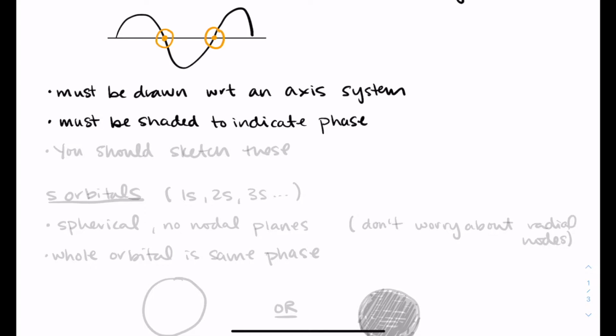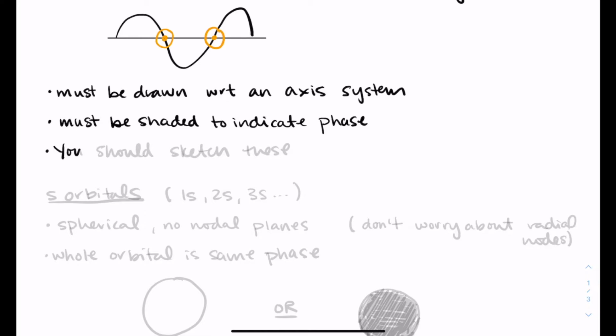So even though we're squaring this to get a probability, we're carrying over some wave characteristics, which is when you pass through a node, the phase changes, right? If it was just the wave goes from that positive amplitude to the negative amplitude, we're going to apply some shading convention to convey that.